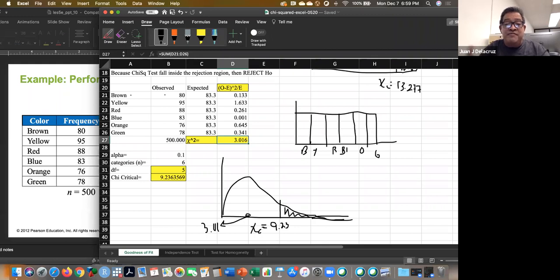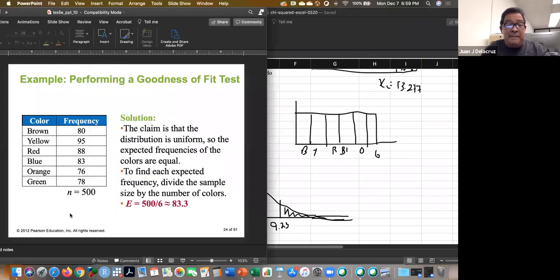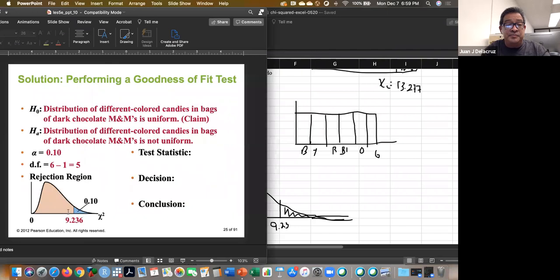So I am gonna fail to reject my H naught. I'm gonna fail to reject H naught, and H naught happens to be the claim.